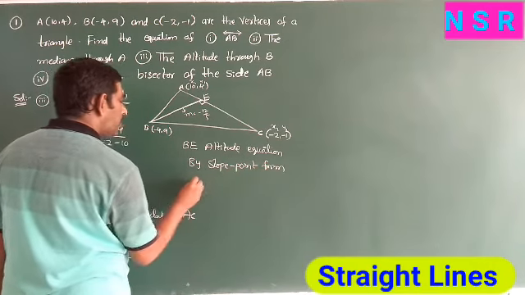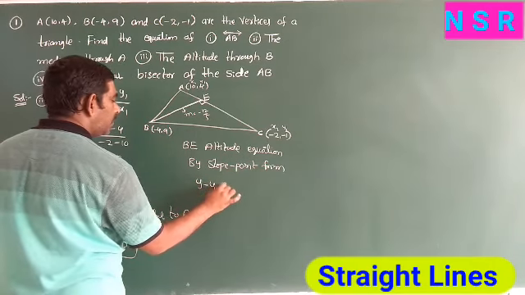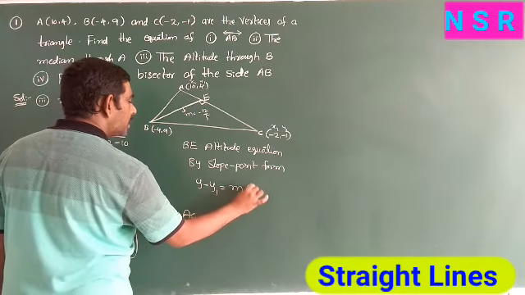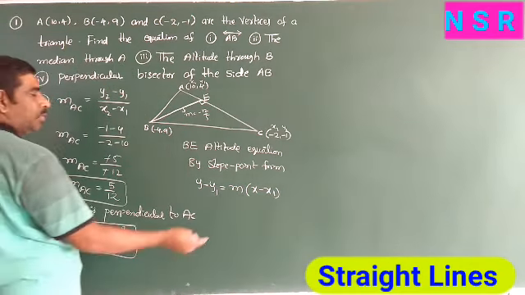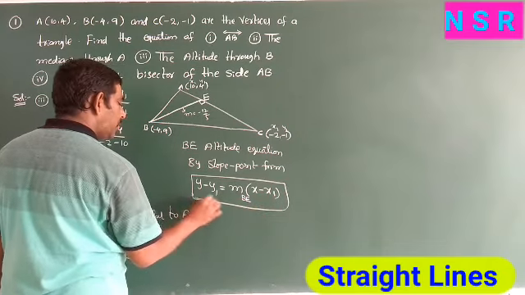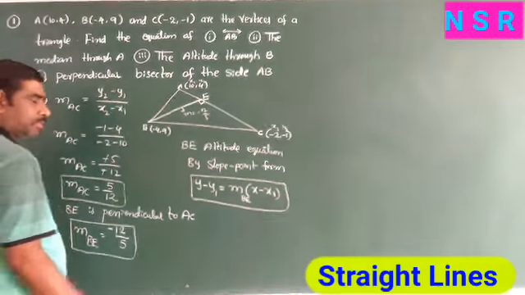So what is the slope point form? y minus y1 equal to m into x minus x1. But here using the slope of BE, so write here m of BE. So y minus y1 equal to m of BE into x minus x1.